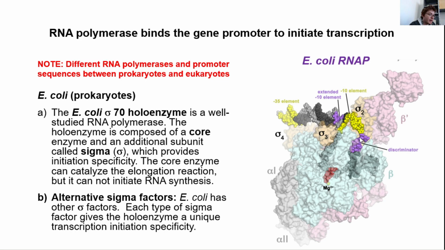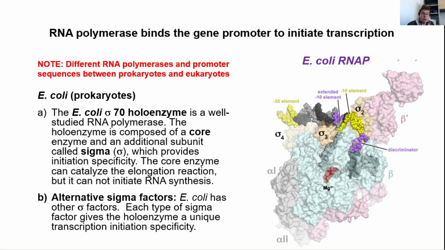So sigma factor interacts with the DNA and reads them out, and that's what provides the specificity for where to initiate. In fact, beyond that recognition, sigma is not needed. The other subunits of the polymerase can perform all the necessary catalysis. And so this sigma factor acts as sort of a module to direct RNA polymerase where to go.